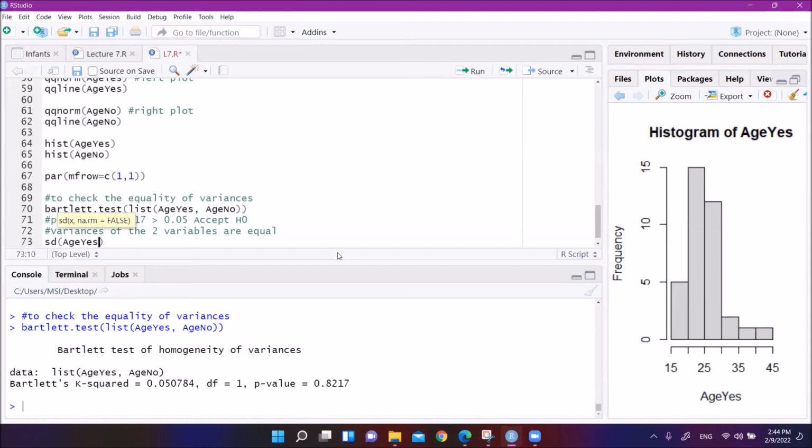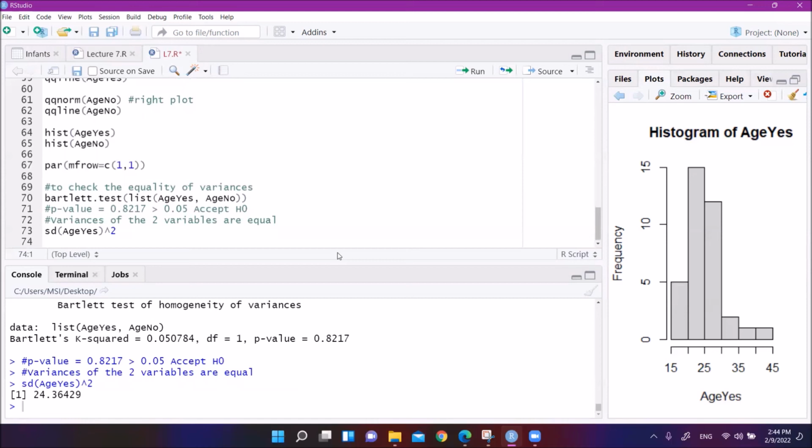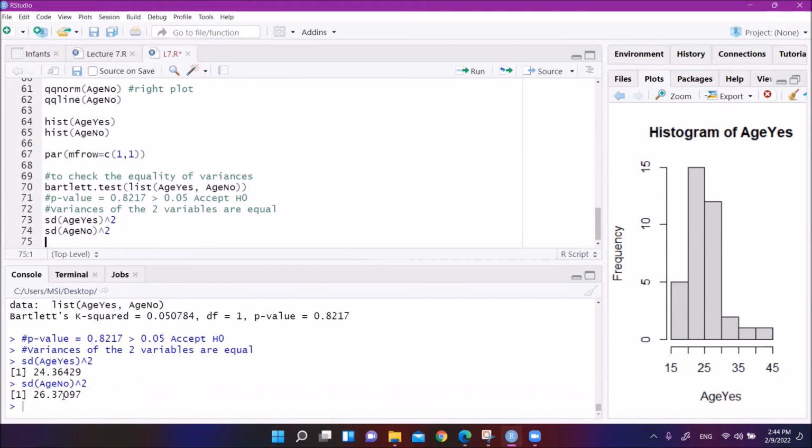Just check the sample standard deviation to the power 2, that is the variance. This is the sample standard deviation of age years, sample variance of age years. Just the sample. See, when you take the sample, they are different, right? This is 24, but this is 26 something.